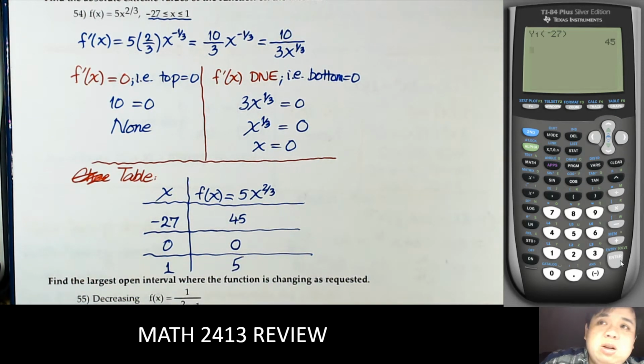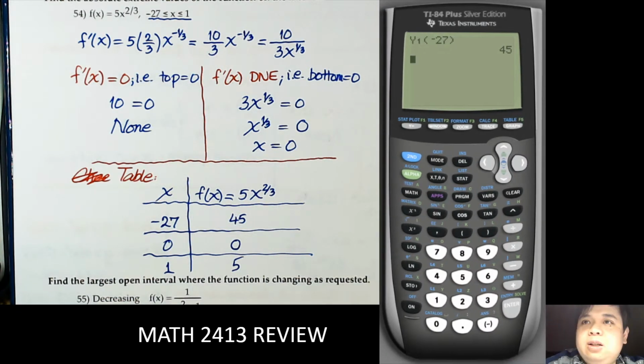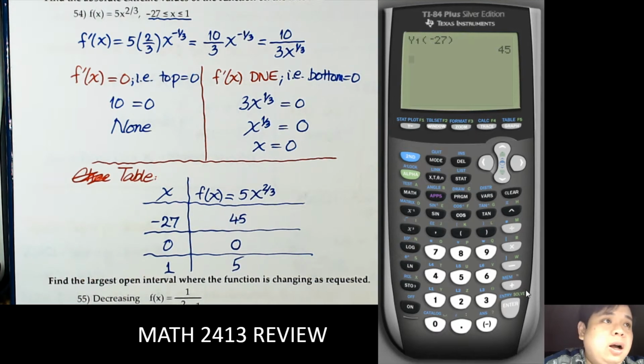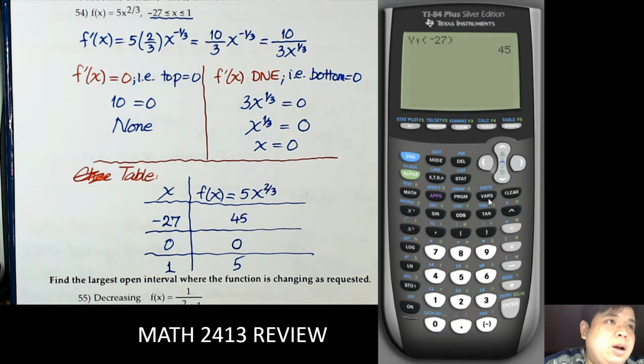Well, let's just do that again to make sure we have it. Variables, y variables, function y1 at x equal to say 1. Right. So just like that.